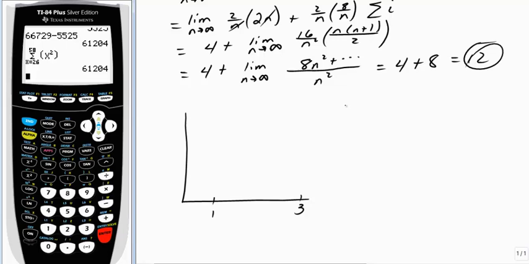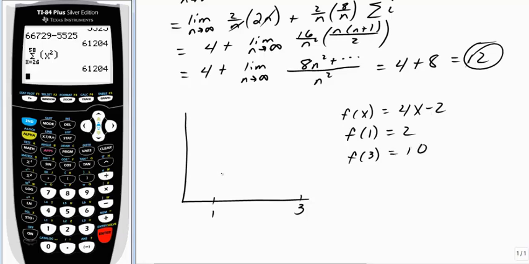So if I'm looking at f of x equals 4x minus 2, well, all I need to do is, what's f of 1? We know f of 1 is going to be 4 times 1 minus 2. It's going to be 2. f of 3 would be 12 minus 2, which is 10.